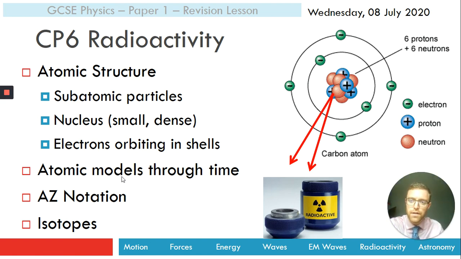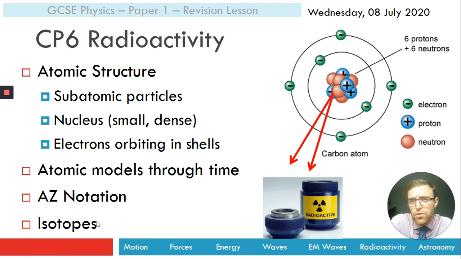What do we mean by AZ notation? It's a way for us to write an atomic structure of an element or an isotope. So what do we mean by it? And then what is an isotope?